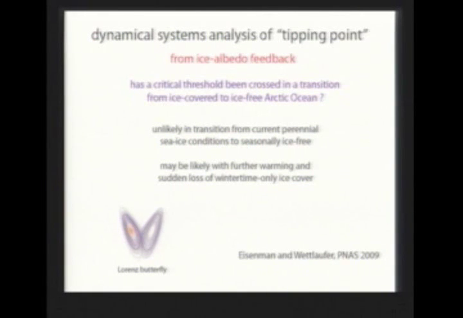They found that, at least in the transition from current perennial sea ice conditions to seasonally ice-free conditions, like an ice-free summer, this is somewhat unlikely. However, if there's further warming to a completely and suddenly lost wintertime ice as well, there would be such a critical point or critical transition from which we wouldn't recover.